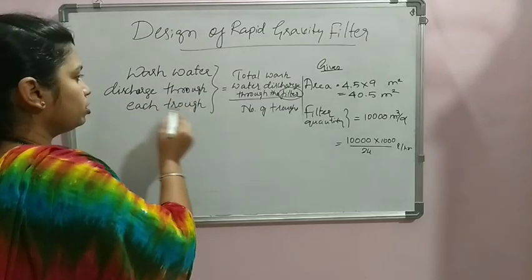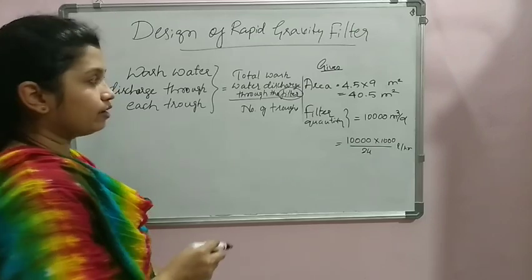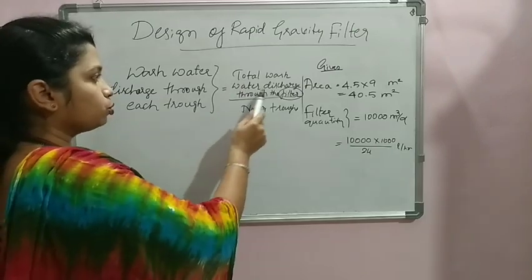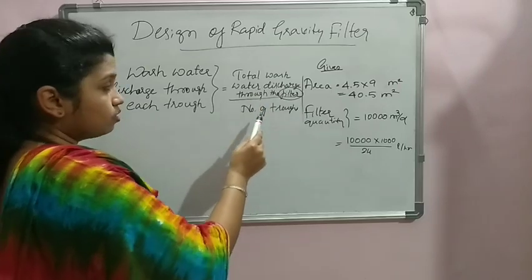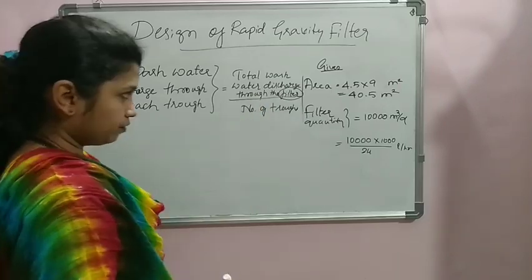Water discharged through each of the troughs. In order to calculate, what we are considering is total wash water discharge through the filter, wash water discharge divided by number of troughs.